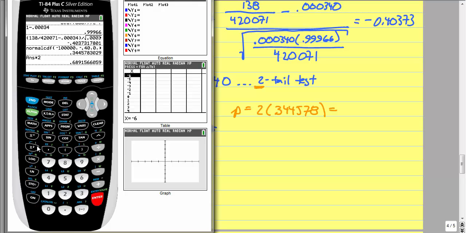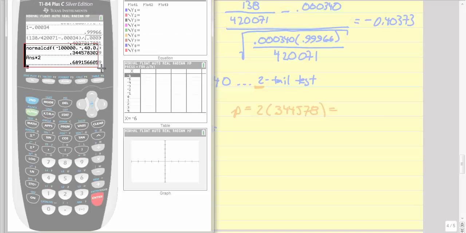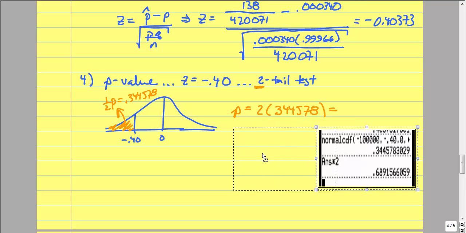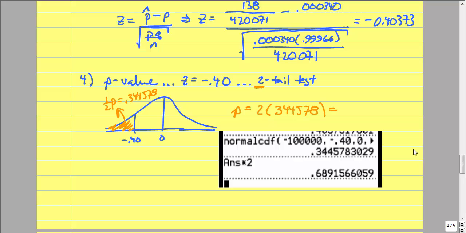Here is what I get for my answer. If we round this to 4 places, I get 0.6892.